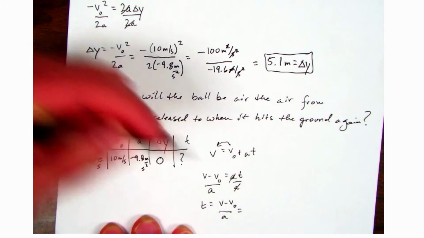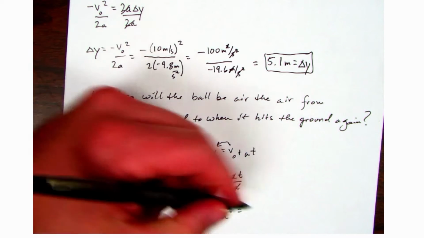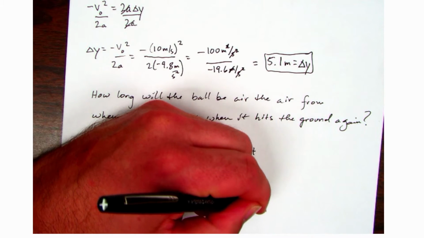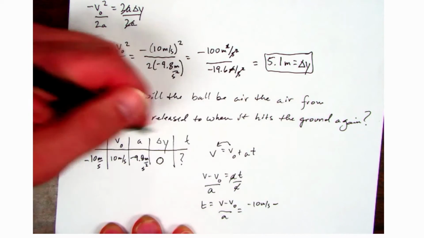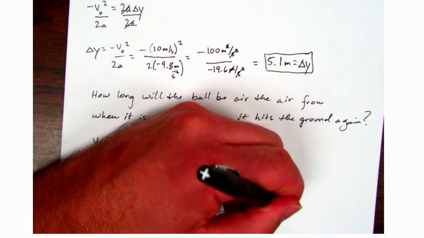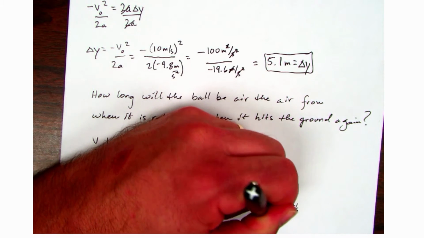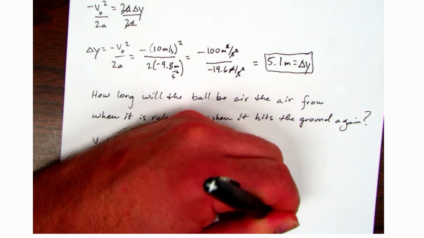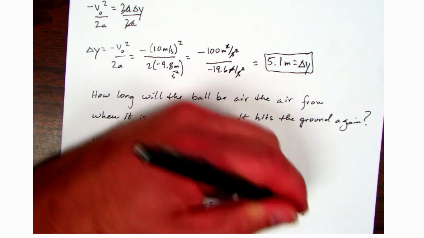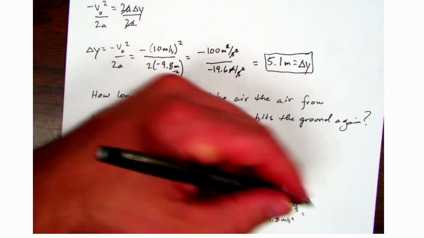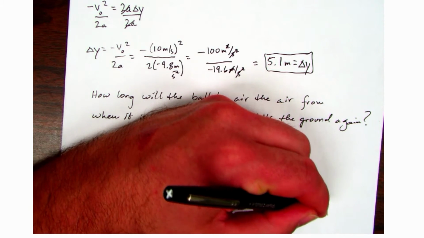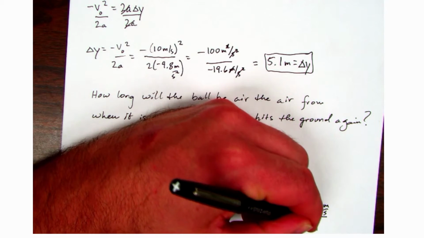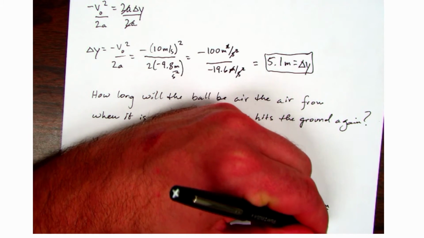So plug the numbers in. v is negative 10 meters per second minus v naught, which is 10, divided by negative 9.8 meters per second squared. Negative 10 minus 10 is negative 20 meters per second, divided by negative 9.8 meters per second squared.